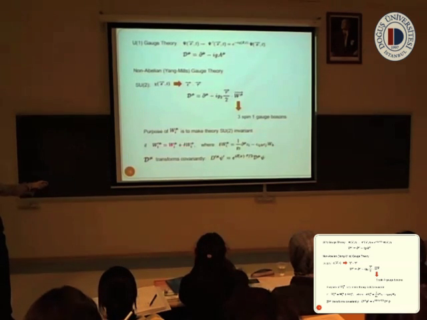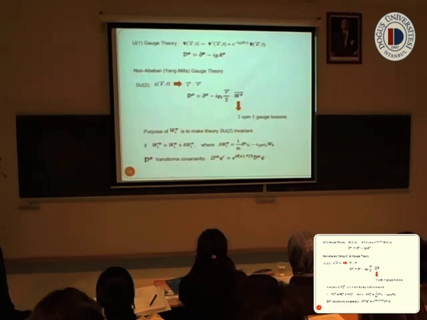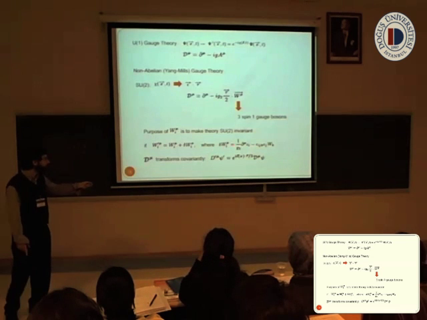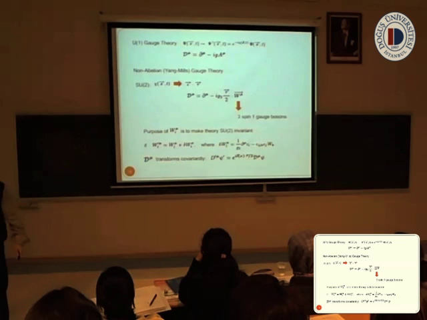If the gauge boson has these additional terms, the first term is the same as U1 gauge theory. The second term is actually, well, you can also guess, is how a vector transforms. So if the gauge boson transforms as follows, then the Lagrangian remains invariant. The theory remains invariant.